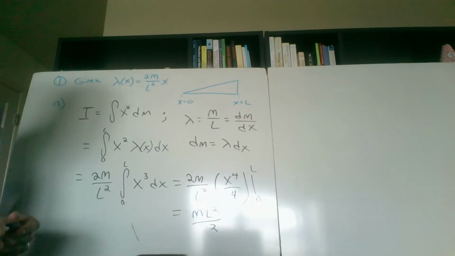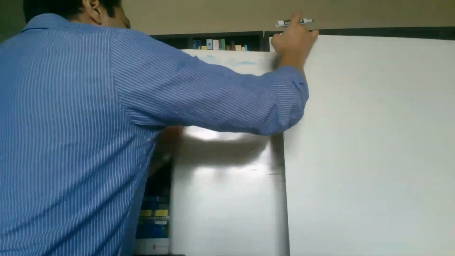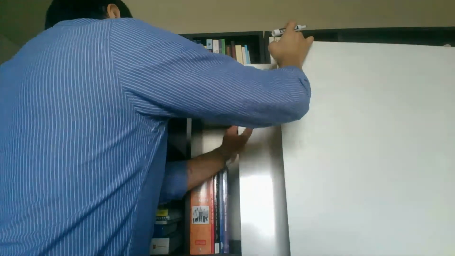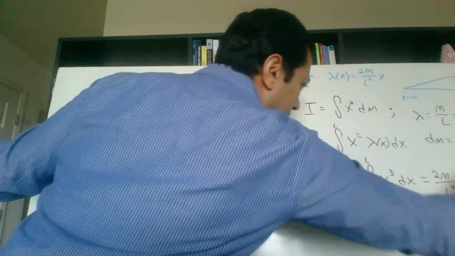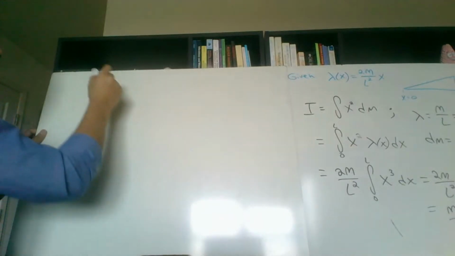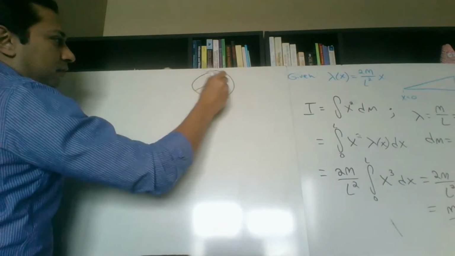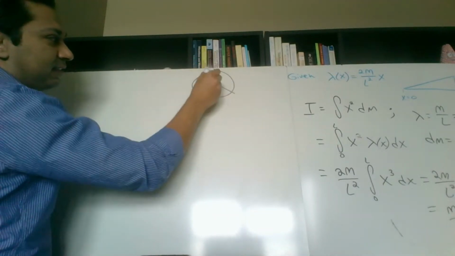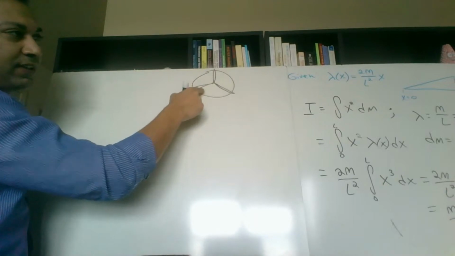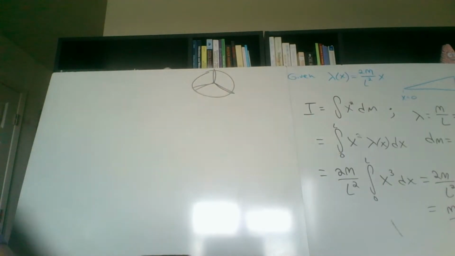Part B is asking us, we've got this wheel. We've got this wheel now, and it's got those spokes. So it's got this, this, and this. And each one of these is what we just solved for, is little ml squared.